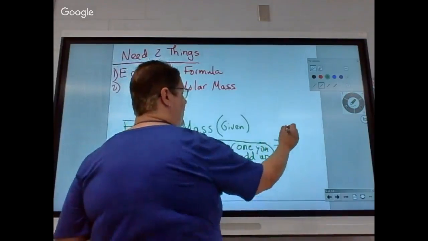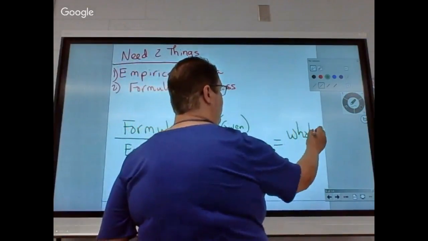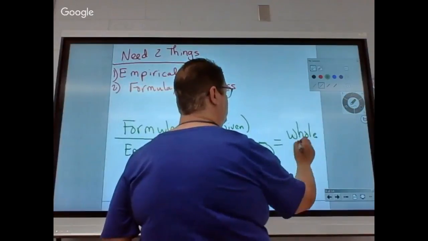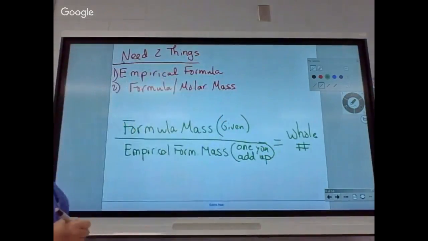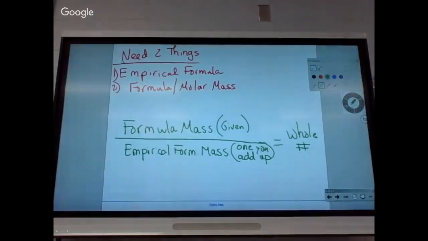And when you divide, you're going to get a whole number. Now, you have to get a whole number: 1, 2, 3, 4, 5, 6. If you get like 0.7, 2.8, 3.4, you did something wrong. It has to be a whole number.